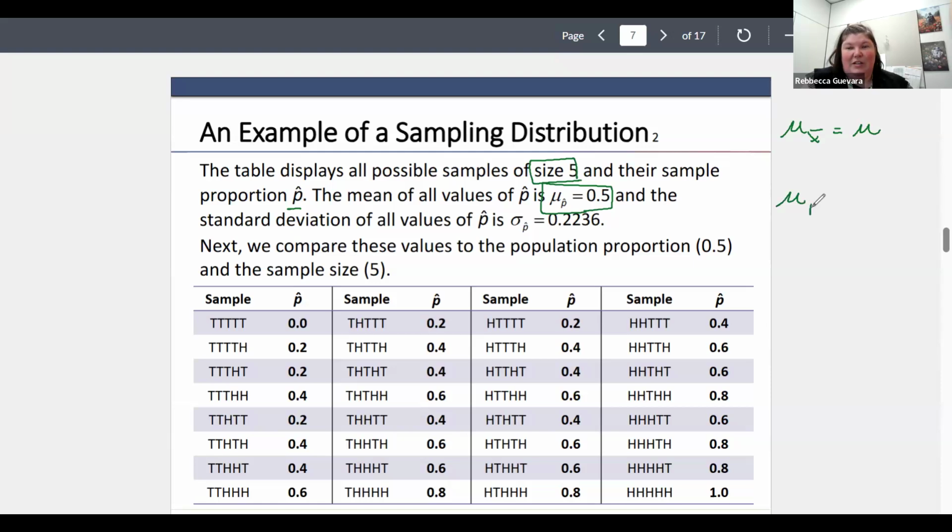Well, now we're going to look at the mean of all my proportions. And what we expect is that this should match p. So it says the mean of all my p hats is going to be 0.5. So if I took all my different proportions here and did a mean of those proportions, we should end up getting back 0.5.